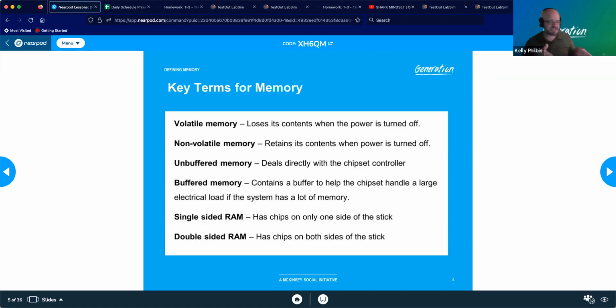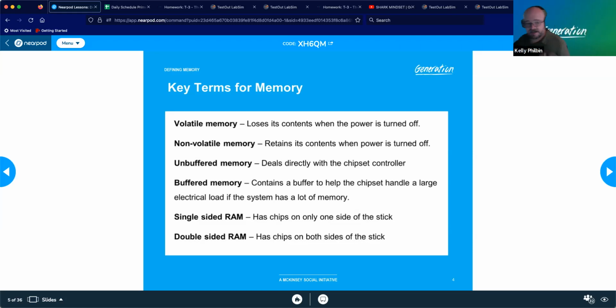So what it's trying to do is estimate, based on how you're downloading, how much extra it needs to download so that you can watch the video continually without stopping. Same thing kind of works with RAM. It helps the chipset handle large electrical loads in the system, if the system is utilizing a lot of memory.